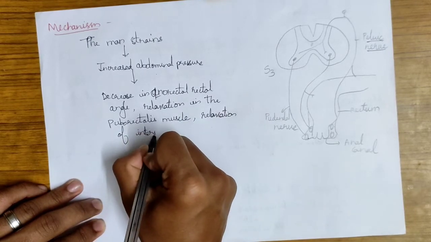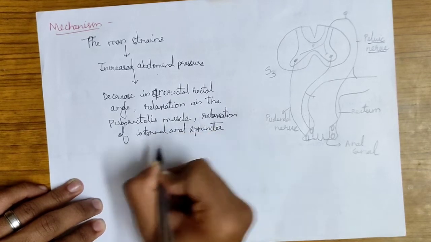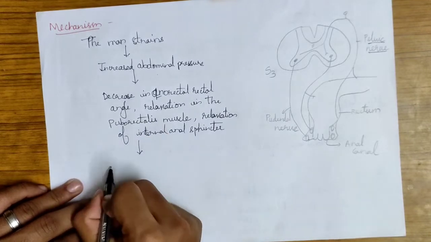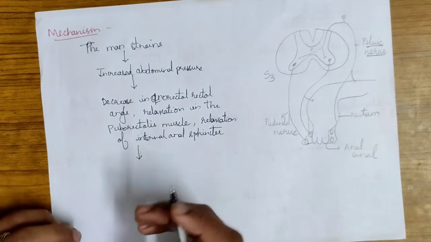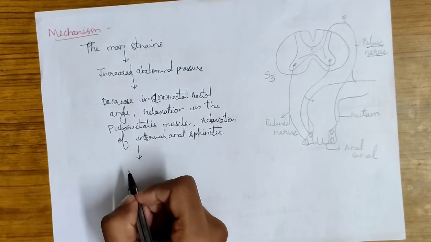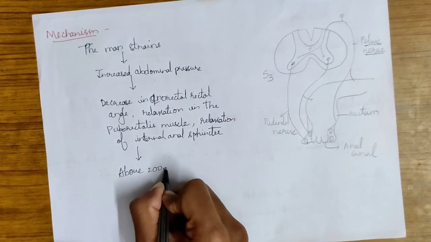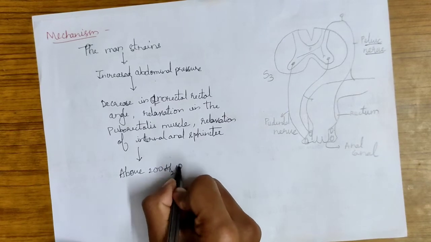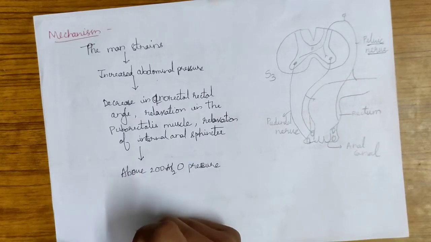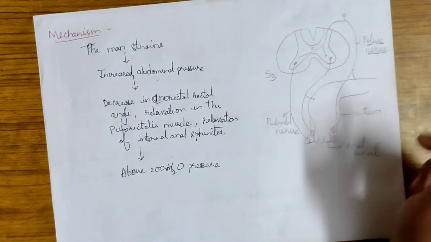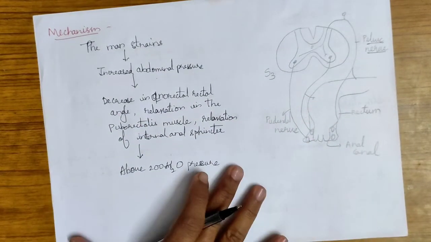So then there will be more increased abdominal and respiratory pressure. This respiratory pressure means that the respiratory muscles help in the increase in the pressure. So when the pressure is increased above 200 mm H2O pressure, the defecation takes place. So the defecation takes place when the external anal sphincter is finally relaxed. So this is the mechanism of the defecation process.